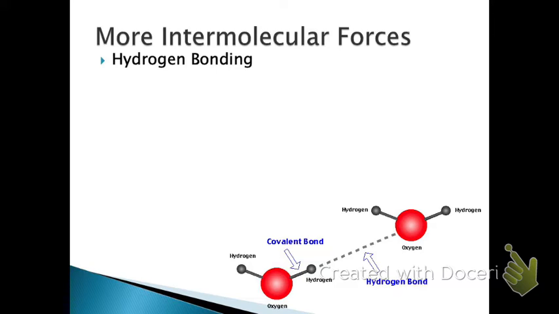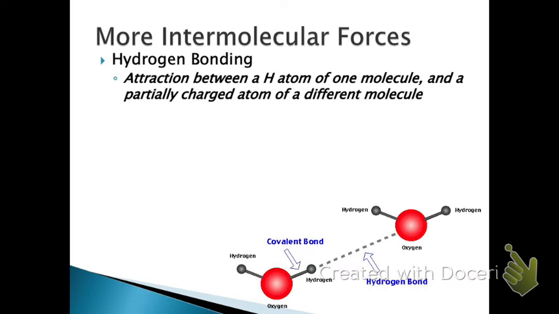They're shared or traded, give and take, right? There's got to be an electron movement for us to consider it a bond. So hydrogen bond is called a bond, but it's really not. It's like an imposter. A hydrogen bond is an attraction, just an attraction between a hydrogen atom of one molecule and a partially charged atom of a different molecule.